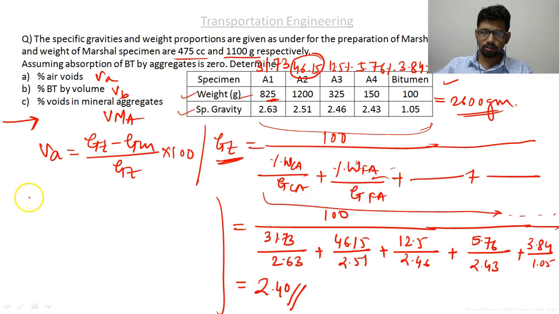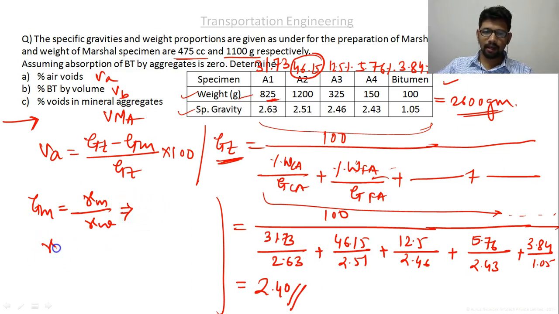Gm is equal to gamma m upon gamma w, where gamma m, the measured unit weight, is the weight upon the volume, or the mass upon the volume. So it is 1100 upon 475, in gram and centimeter cube.